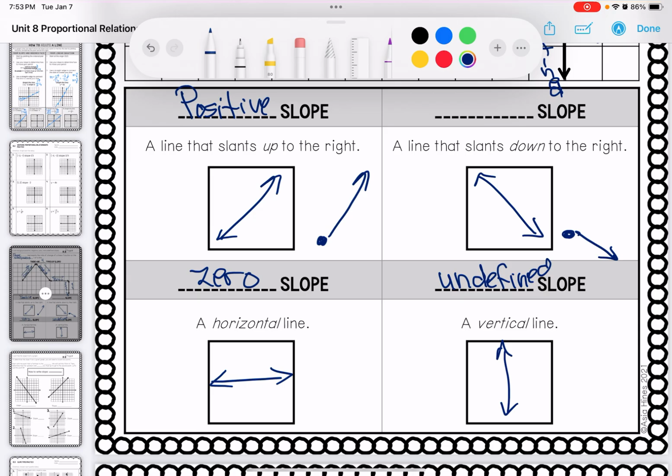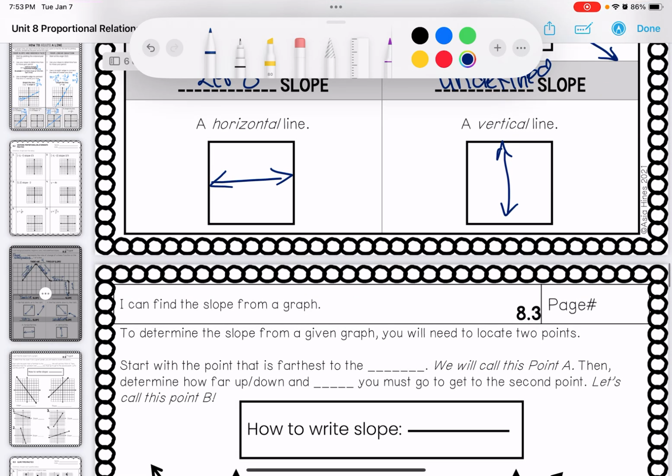So basically what you just have to know is what they look like. Positive slope, you start at a point and go up. Negative slope, you start at a point and go down. Zero slope, left and right. And undefined is straight up and down.